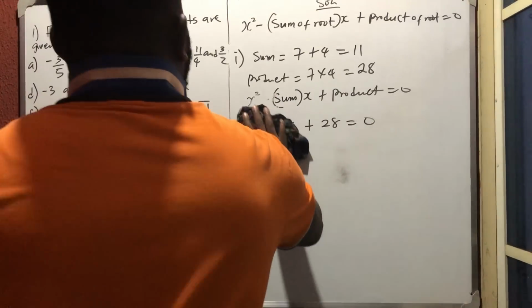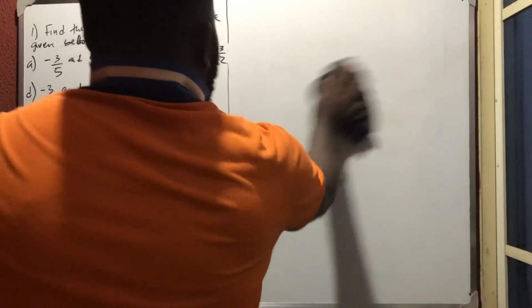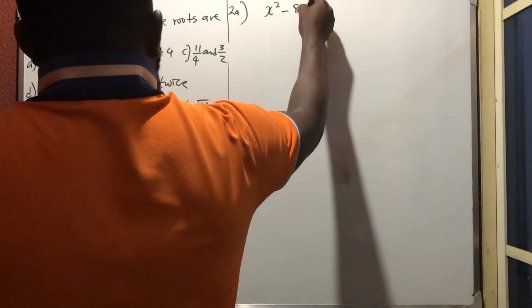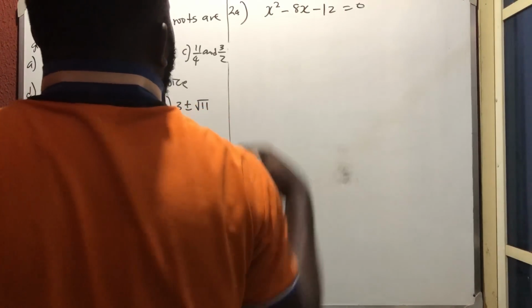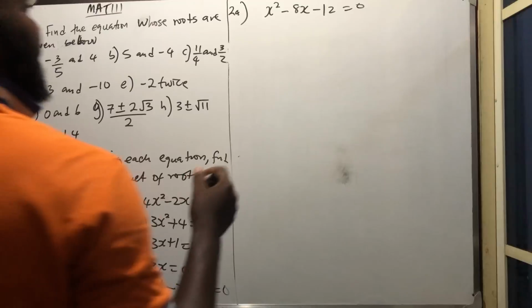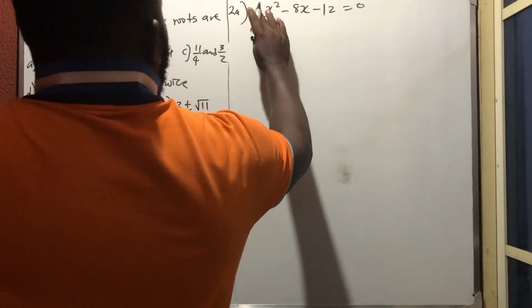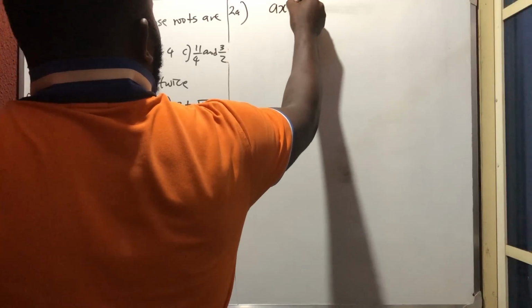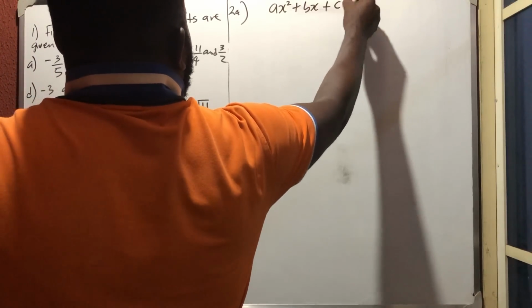So let's go over to number 2. For number 2a, they gave us the equation x squared minus 8x minus 12 is equal to 0. Now to get the sum, the formula says, the general quadratic equation, which is ax squared plus bx plus c is equal to 0.